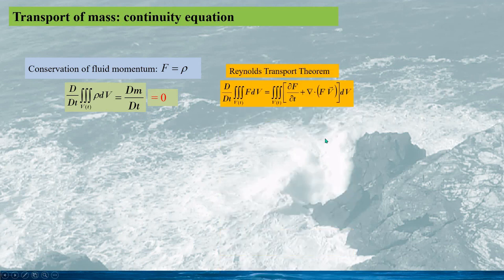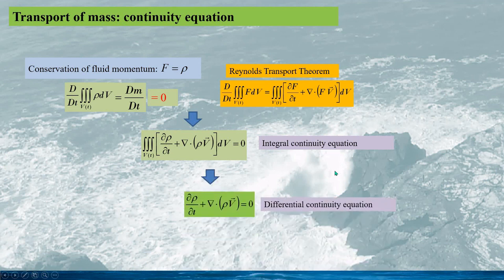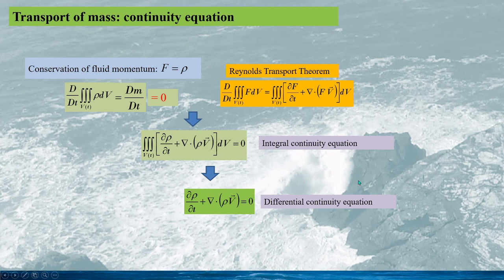By employing the Reynolds transport theorem, we can easily obtain the integral continuity equation. And this is the integral continuity equation. And from this equation, we can easily derive the differential continuity equation. And this is the form we can see in many textbooks.